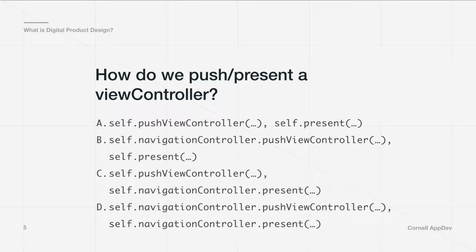So first question is, how do we push/present a view controller? Can everyone see the question? Can everyone see the question? No. What? Okay, let me try this again. 1 second. Maybe try exiting the group and then come back in. Yeah.